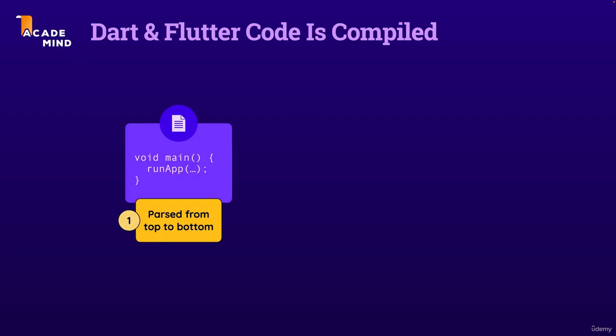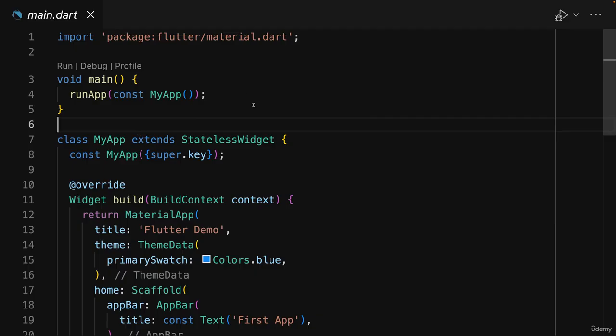That's the first step. Your code is parsed and analyzed by Dart, because keep in mind, Dart is the actual programming language. Now, after your code has been parsed, it must be translated to a language that is understood by the target platforms, because as I just mentioned, this code can't be executed like this on Android or iOS or other target platforms.